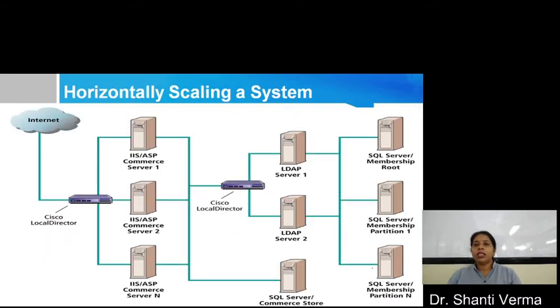In horizontal scaling, you make a horizontal architecture to add servers. In this figure, you can see that this is the internet, and the internet is first connected with a router, and the router is connected with three different servers, that is the IIS servers, and this is a commerce server.